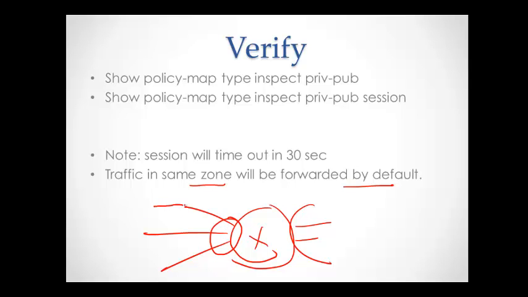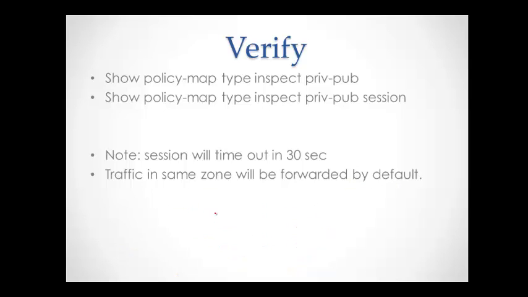So traffic from this interface can go through. You need not permit it. Traffic in the same zone will be forwarded by default. This is a very important point I want you to remember. The reason is ASA will not allow this, but zone-based firewall will allow.